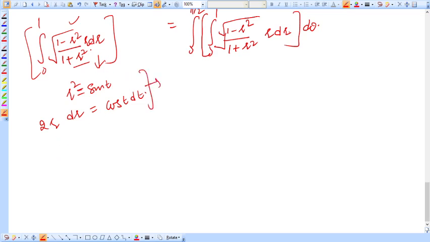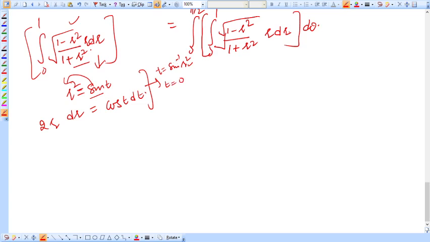Now how will the limits change? See here, t is equal to sin inverse of r square. When r is 0, sin inverse 0 is equal to 0.